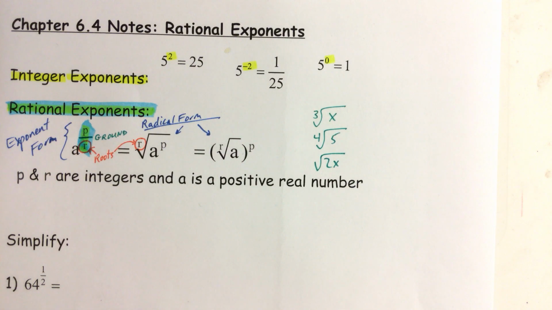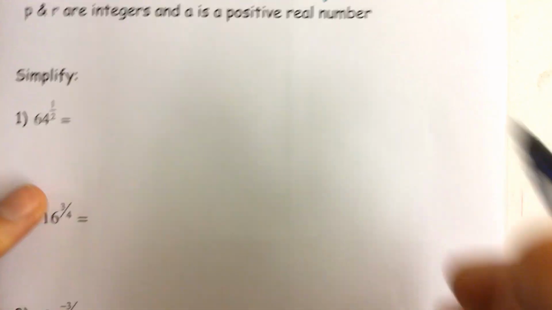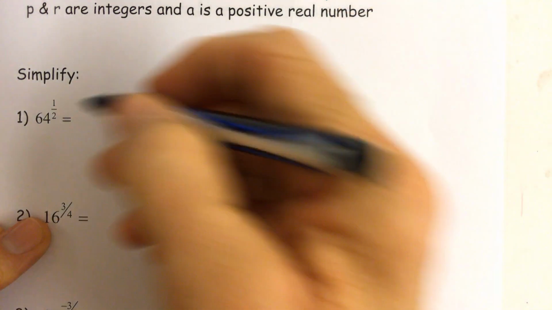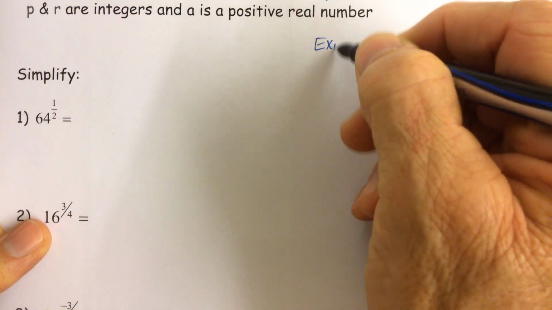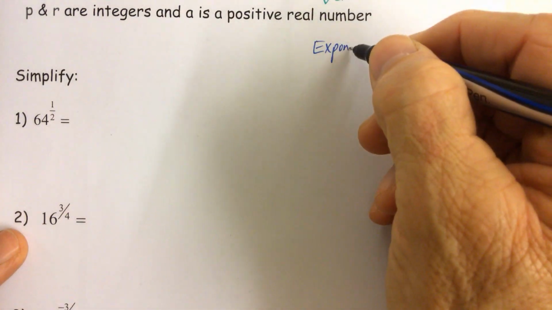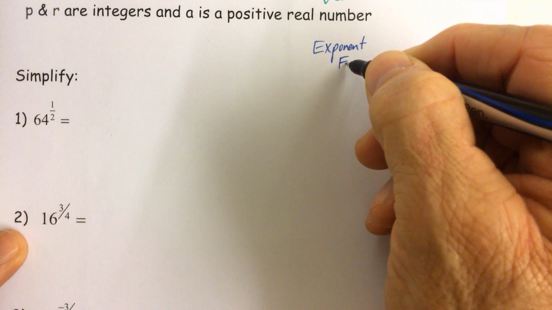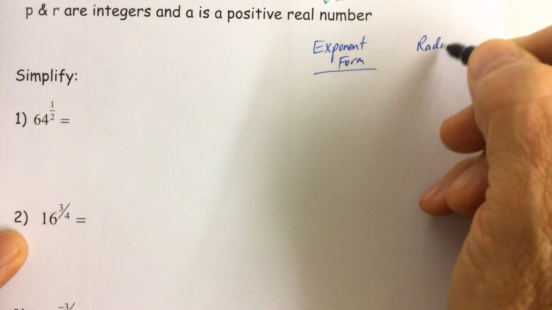So I think one thing that would be really helpful is to understand the difference here, and to see some examples before we do some of the examples on your page. I want you to make 2 columns over here to the right. We're not going to need a lot of space, but I want you to write exponent form, and then write radical form.